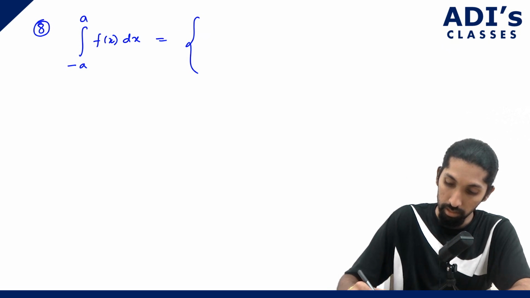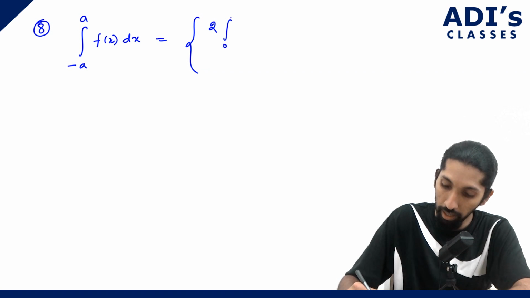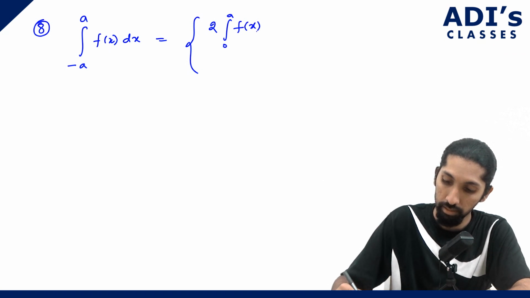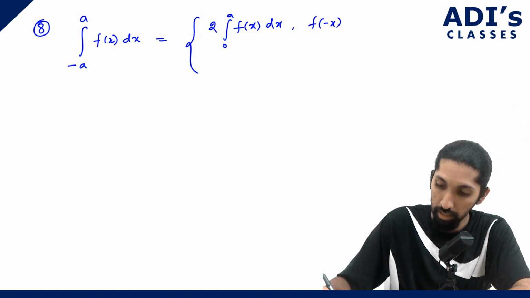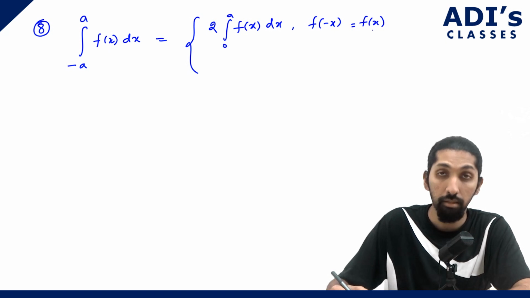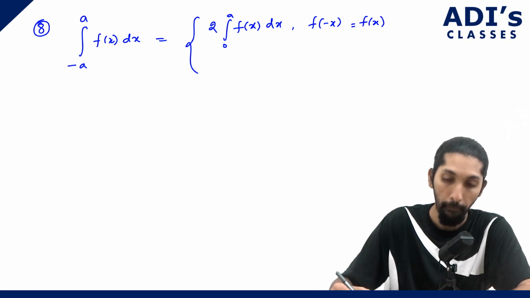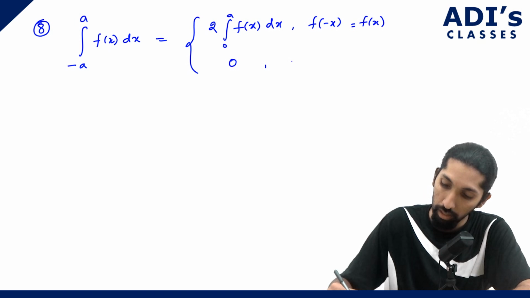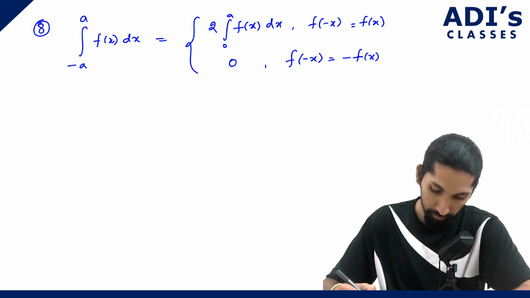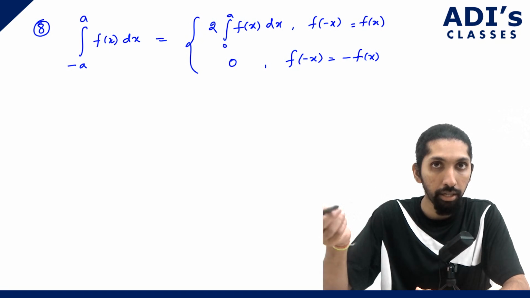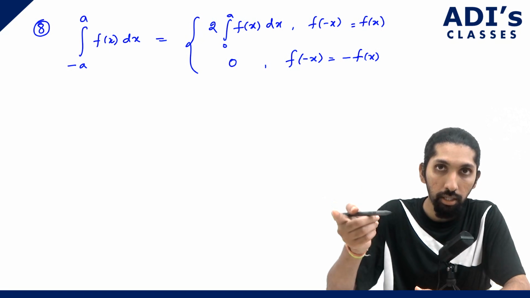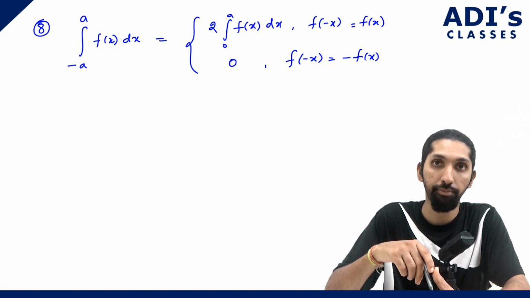That is 2 times integral 0 to a f of x dx if f of minus x is equal to f of x, which means it's an even function, or 0 if f of minus x is equal to minus f of x, which means it's an odd function. Understood? So if it's an even function, you add and you're going to get 2 times. If it's an odd function, it's going to cancel out and you'll get 0.